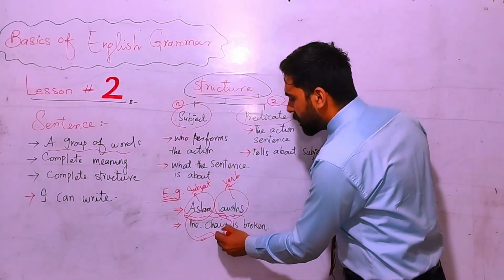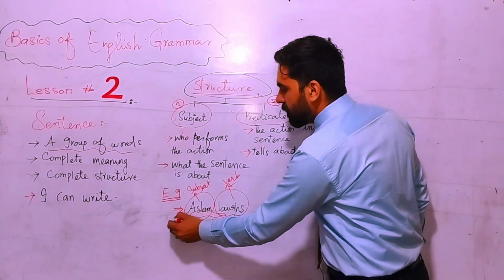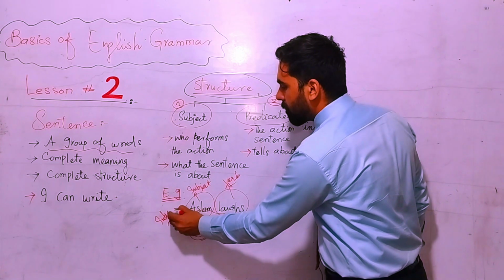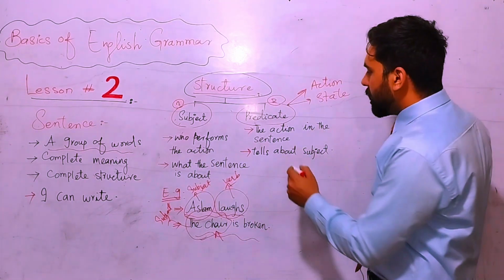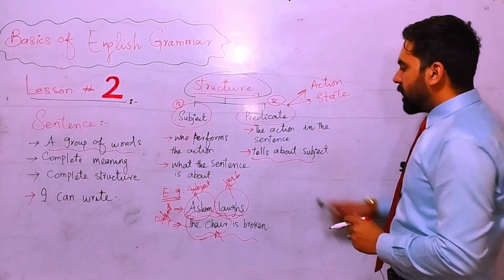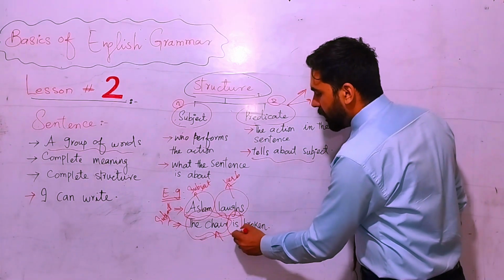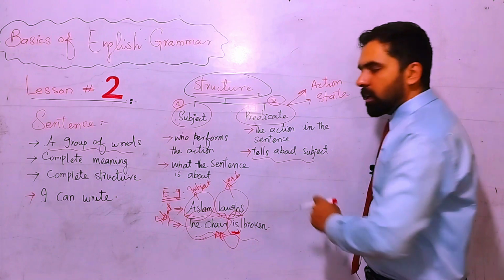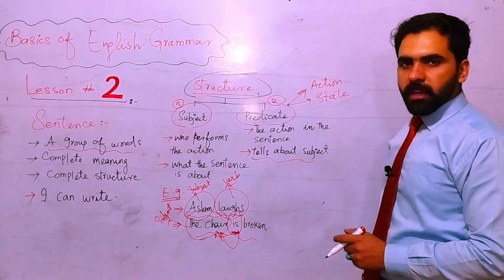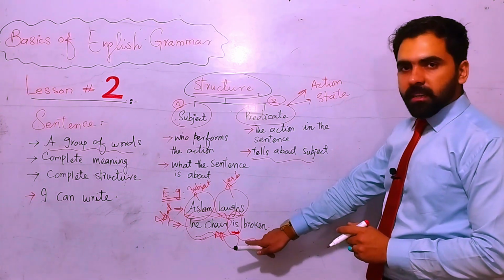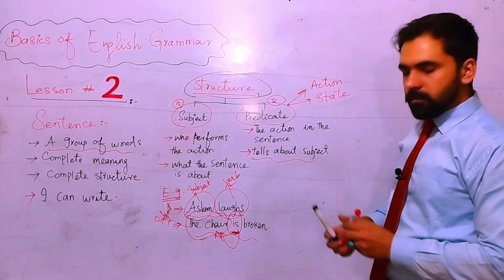So we can say the chair is the subject. Now, look at the second definition of predicate. It tells about the subject. The word is tells more about the chair. So we can say the word is is the predicate here.